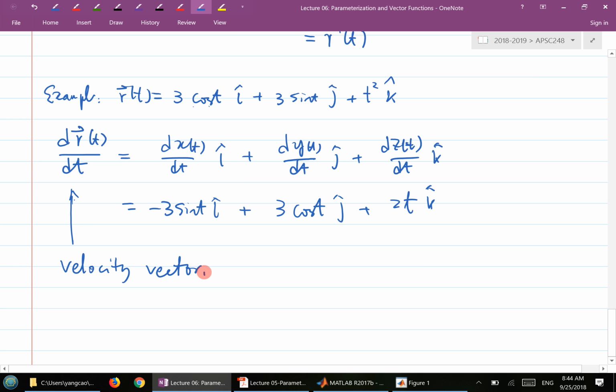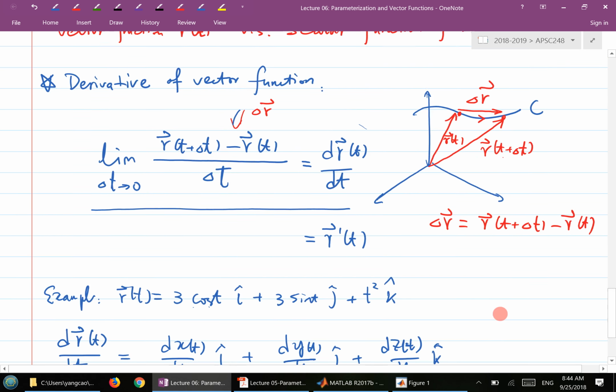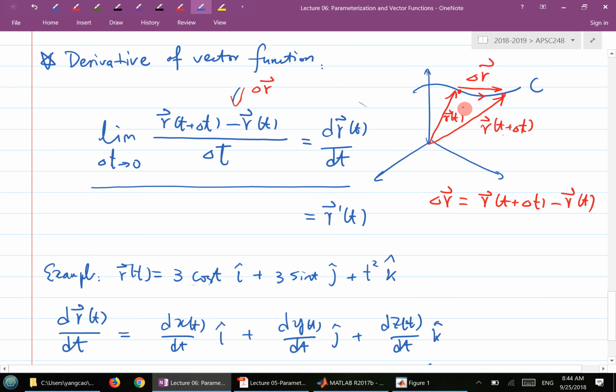When you take a derivative of a vector function which represents a position vector, its derivative gives you the velocity. And the velocity vector, as we're going to show, is always a vector tangent to the curve, at the point that is moving.